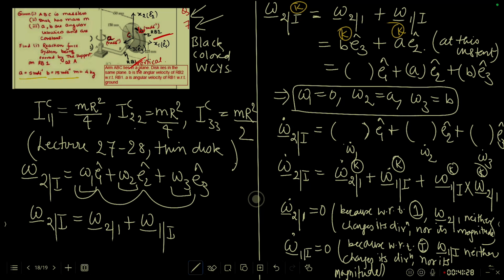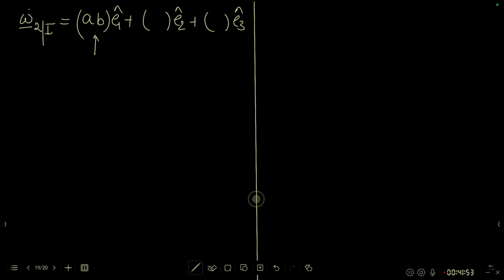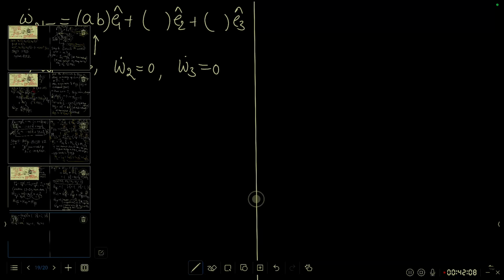omega 2i dot turns out to be simply AB E1, nothing along E2, nothing along E3, and thus my conclusion is that omega 1 dot should be AB, omega 2 dot should be 0, omega 3 dot should also be 0. Going back, everything is known. If you look at this set of equations, M_C1, M_C2, M_C3, the right hand side is completely known and the left hand side is just the unknowns, which you have to find.